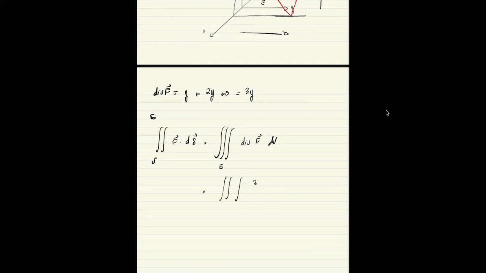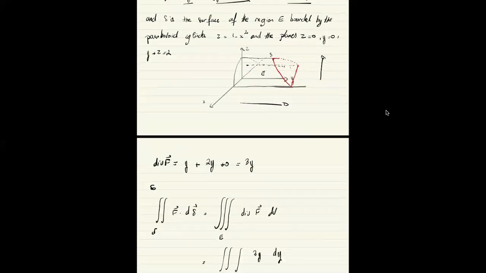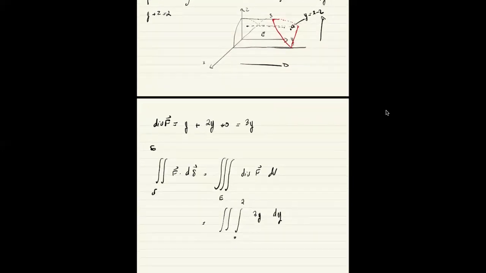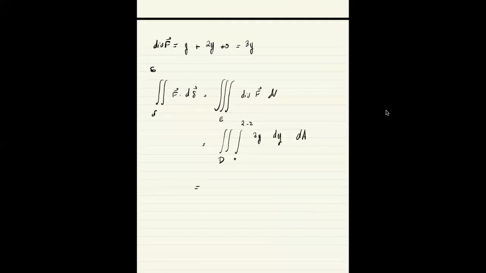What is the divergence? It's 3y. Now you integrate with respect to dy, from 0 to the plane y equal to 2 minus z. So 2 minus z. And then you describe the projection, right? So what is the projection now?